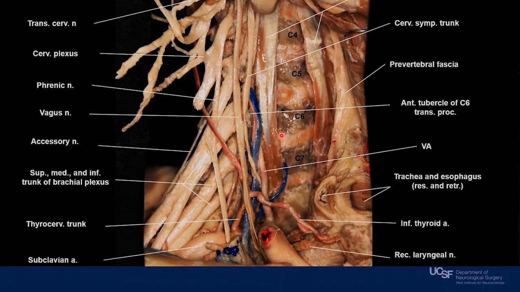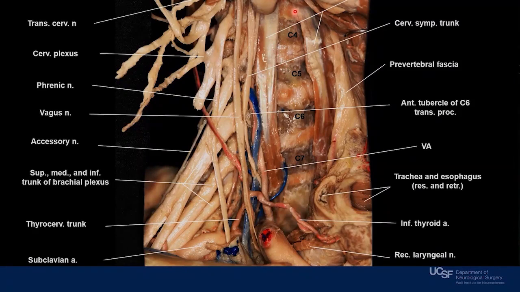Moving medially, we can see the vertebral artery, and we see that this vertebral artery is actually entering the transverse foramen above C6, which is an anatomical variation. It usually travels through the transverse foramen at the level of C5, and what we're seeing here is the anterior tubercle of C6, or tubercle of Chassaignac, and medial to that we're seeing the longus capitis.